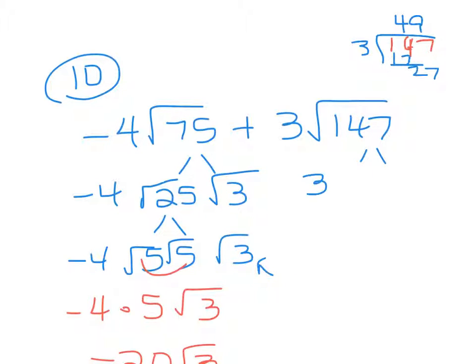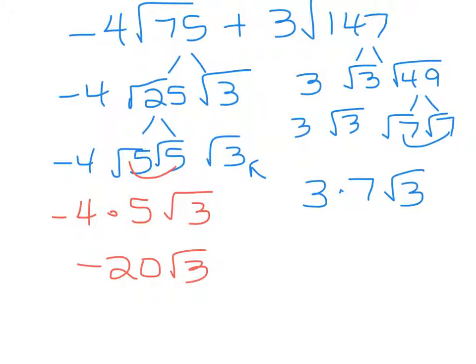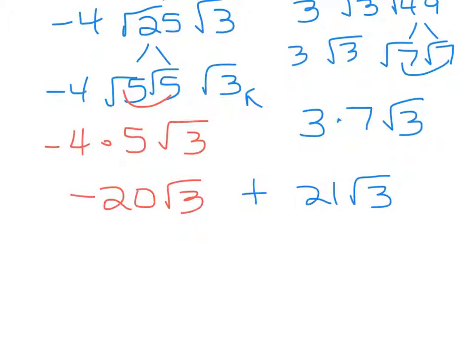So I'm going to break this down into 3 times 49. Break down the 49 into 7 and 7. Pair of 7s, one of them comes out, and the 3 stays behind. So now I have 21 square root 3, and now I can add them up. So negative 20 plus 21 is 1. So 1 square root 3. I don't need to show the 1. So my answer here is just the square root of 3.